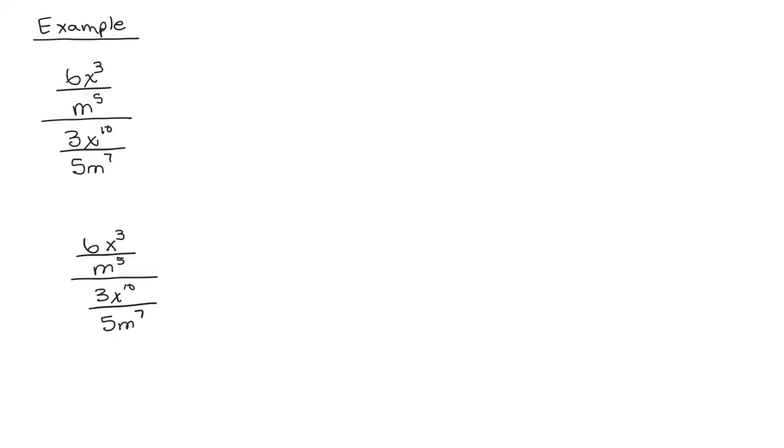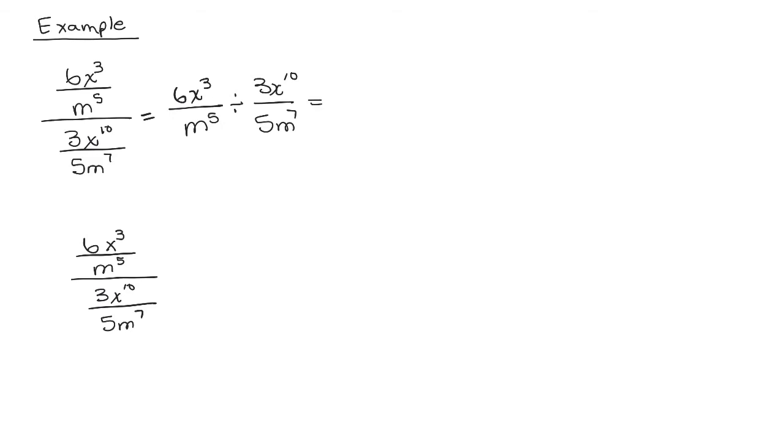All right, we're going to simplify this complex fraction using each method. So the first method, we have a simple fraction in the numerator and a simple fraction in the denominator, so we can say that's the same thing as the numerator, 6x cubed over m to the 5th, divided by 3x to the 10th over 5m to the 7th.